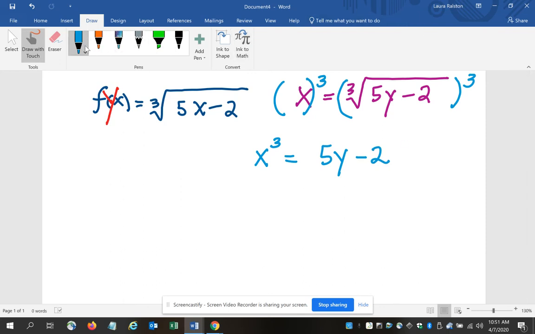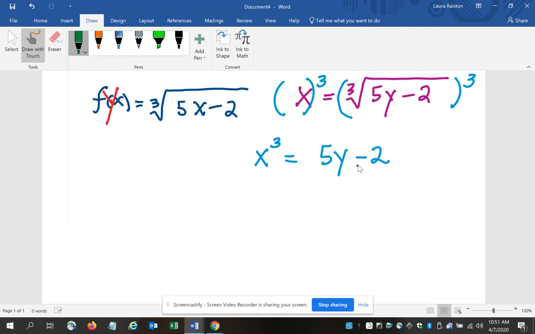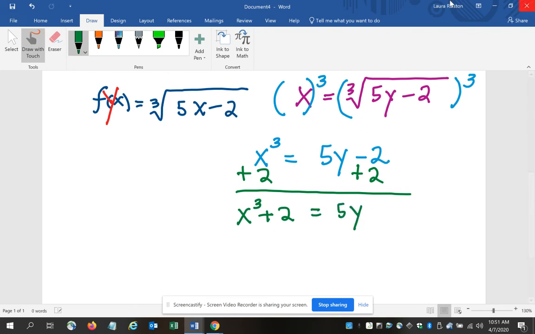Again, remember, I'm trying to solve for y, so I need to isolate it. So I'm going to add 2 to either side to get the y by itself. So we have x cubed plus 2 equals 5y.